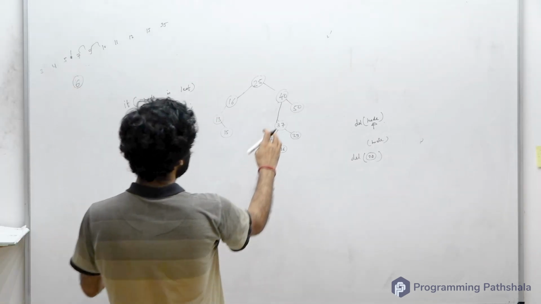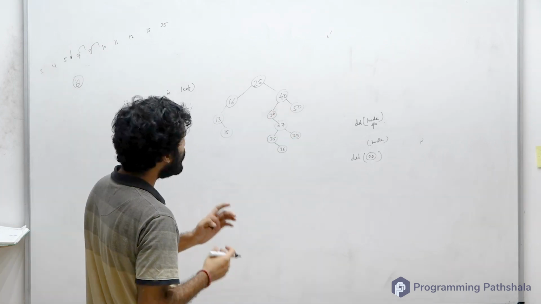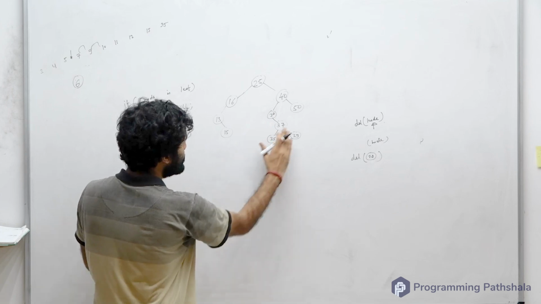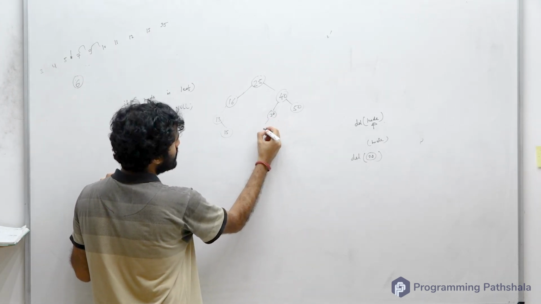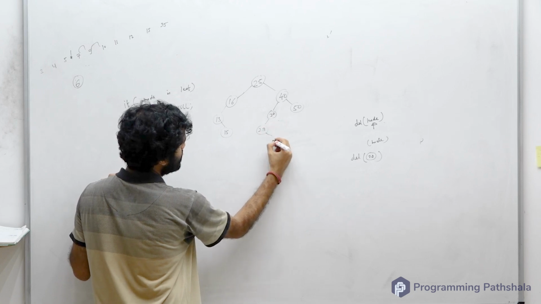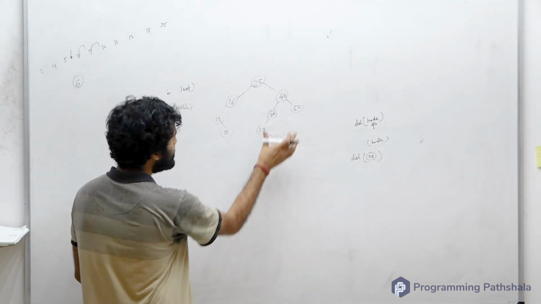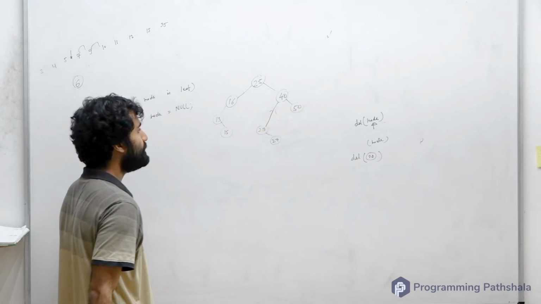So if there is just one child, then my job is very easy. Even if it was a left child, let's say it just had a left child, something like this, 29, 27. Even in this case, my job is very easy. I simply have to remove this thing and make this its left child.